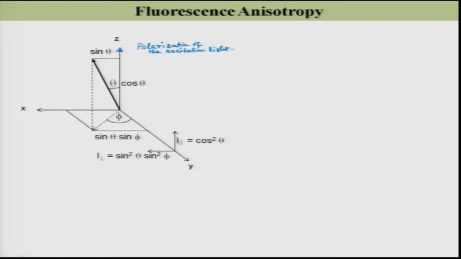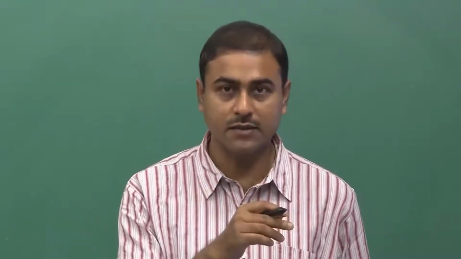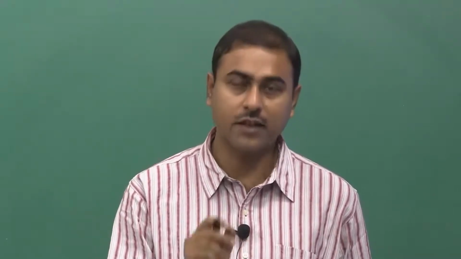Only those molecules whose transition moments are along the z axis will be preferentially excited. That is what I said earlier. Those molecules will be excited, and if the absorption transition moment and emission transition moment are collinear, then the emission will also be along the z axis. That is the condition I am now imposing. Take a note on that.